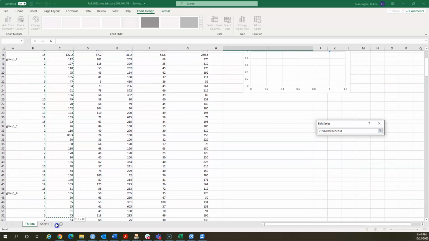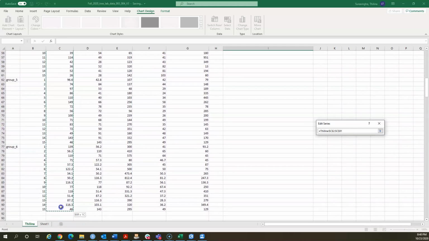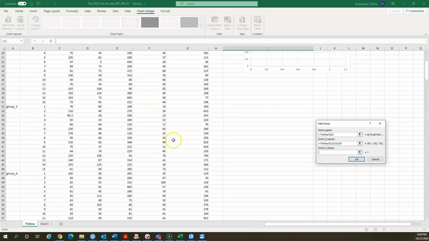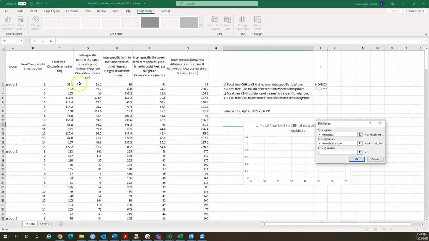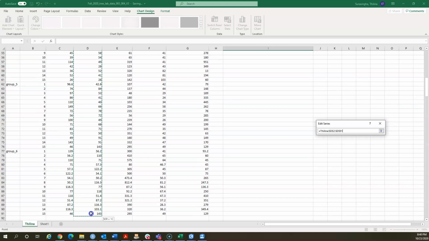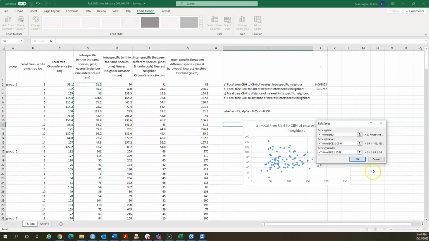So I'm going to drag and drop. And then for series Y, I will go back. The series Y in this case, I wanted the intra-specific circumference, which is actually this one. I select all the data, all 45 data rows, and then I'm going to click OK.